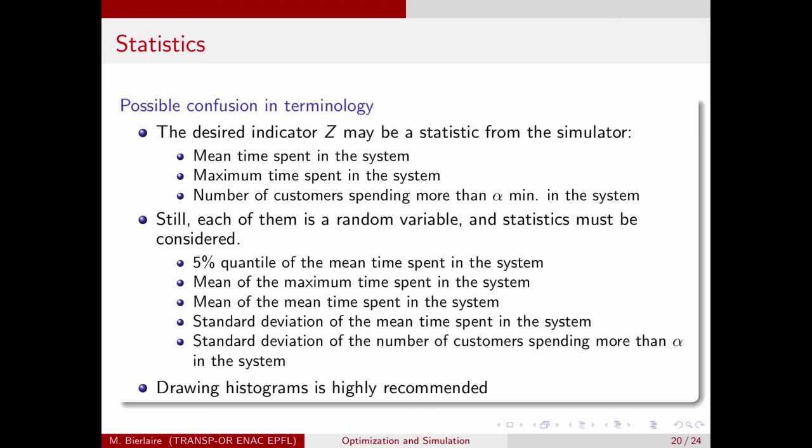But then, because each of these indicators is a random variable, we can also talk about the mean, the variance, the standard deviation, the quantile of these indicators. And this is usually bringing a lot of confusion when reporting is done about the statistics. So you need to be very precise about the type of indicators that you are reporting.